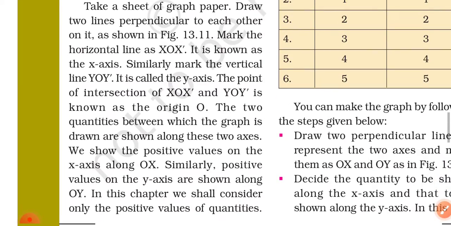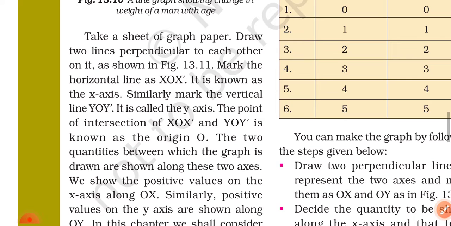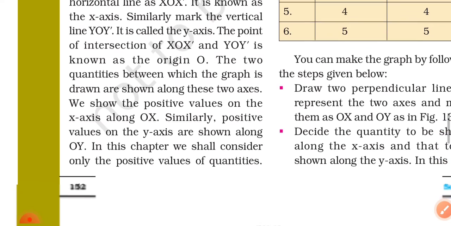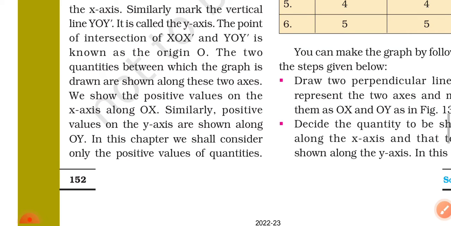Take a sheet of graph paper, and draw two lines perpendicular to each other on it as shown in Figure 13.11. Mark the horizontal line as XOX'. It is shown as the x-axis. Similarly, mark the vertical line YOY'. It is called the y-axis. The point of intersection of XOX' and YOY' is known as the origin. The two quantities between which the graph is drawn are shown along these two axes.